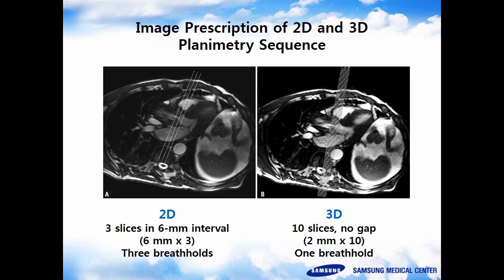In 3D planimetry, 10 contiguous slices were obtained in a single breath hold perpendicular to the long axis of the ascending aorta in the aortic valve plane. The scout view for this acquisition was the mid-systolic phase image of the 3-chamber view in the MRI. The most stenotic portion of the aortic valve was targeted for images in the middle of the slab, corresponding to the mid-systolic phase.